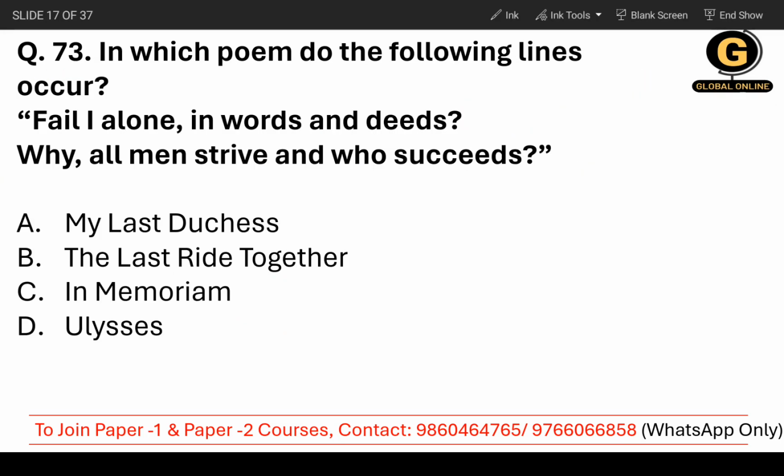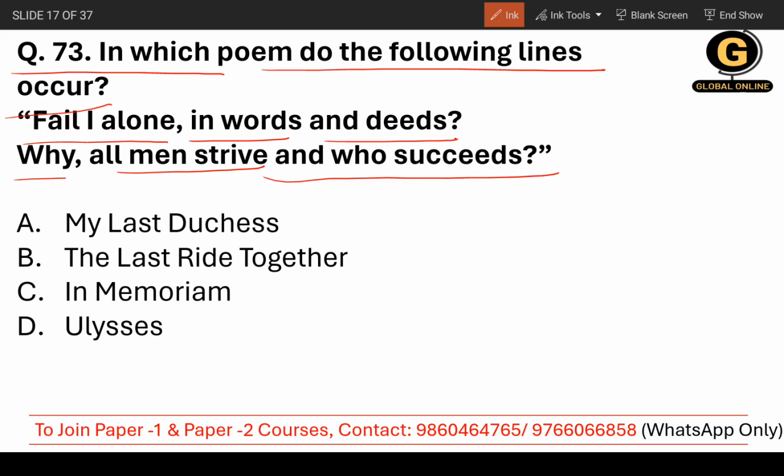Moving on to question number 73. In which poem do the following lines occur? Fail I alone in words and deeds, why all men strive and who succeeds? Okay, read the following lines carefully so that you can answer the question. The first option is My Last Duchess, the second is The Last Ride Together, and I hope you know the writers of these works.